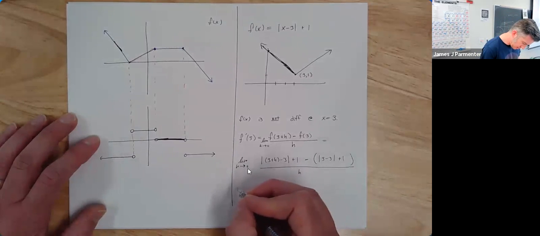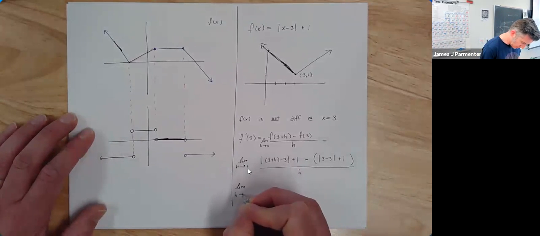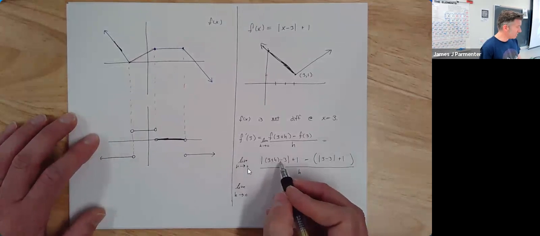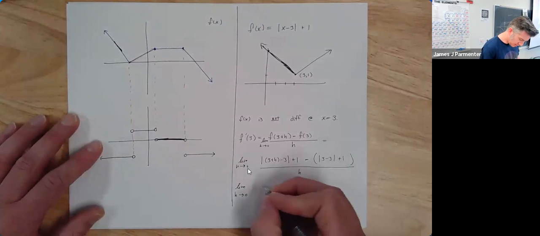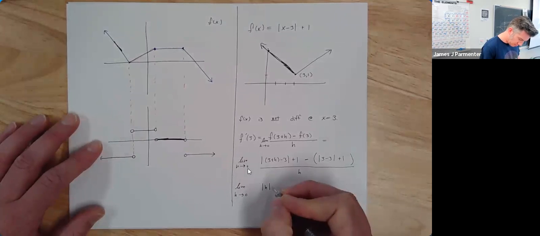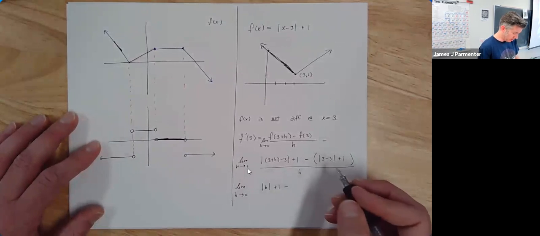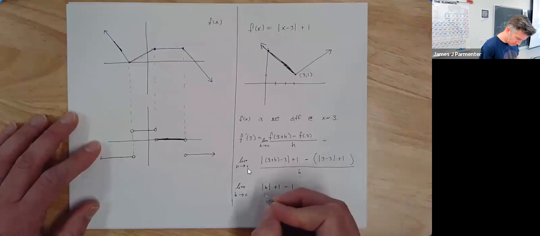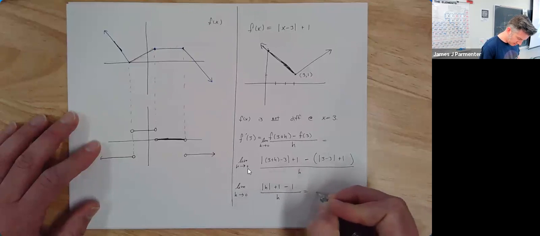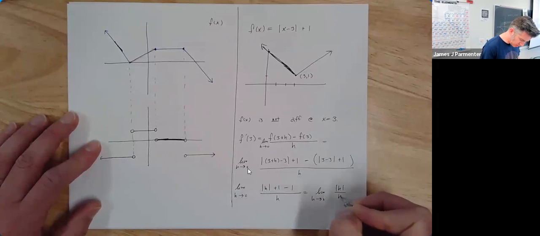Simplifying a little bit, you get the limit as h goes to 0. 3 plus h minus 3 is just h. So it's the absolute value of h plus 1 minus the absolute value of 3 minus 3, which is just 0, minus 1, all over h. So that's the limit as h goes to 0 of the absolute value of h over h.